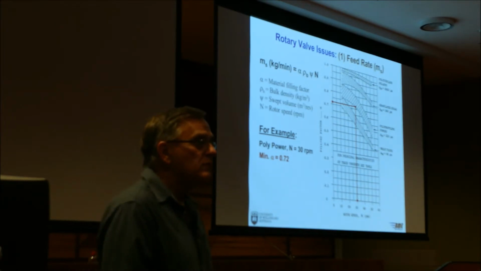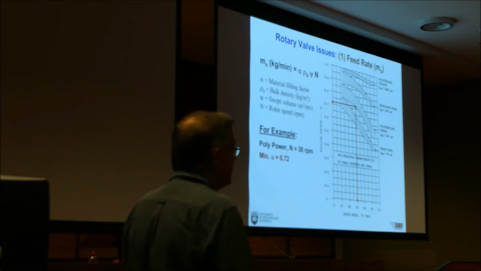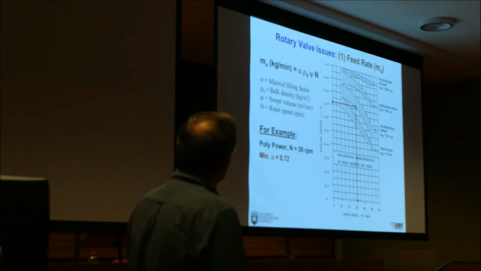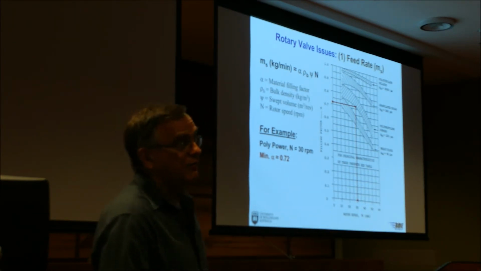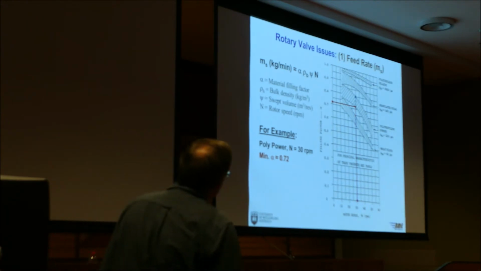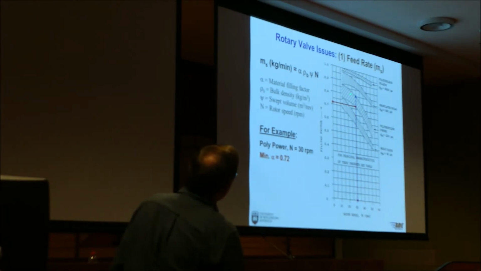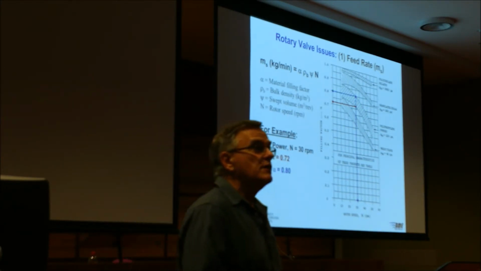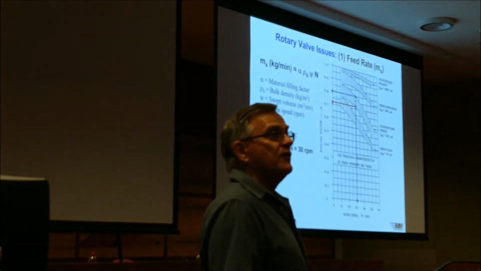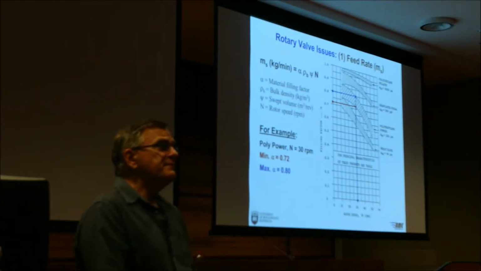That's the minimum possible alpha for poly powder running at 30 RPM. Then you go to the top curve at 30 RPM and you can see the maximum possible value is about 0.8.